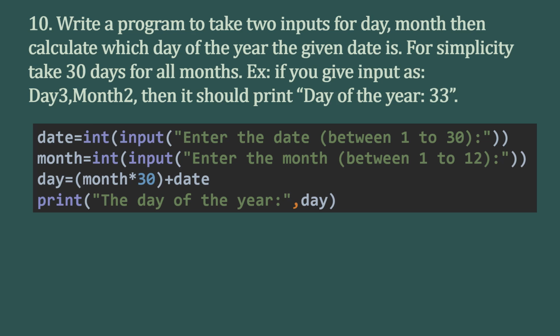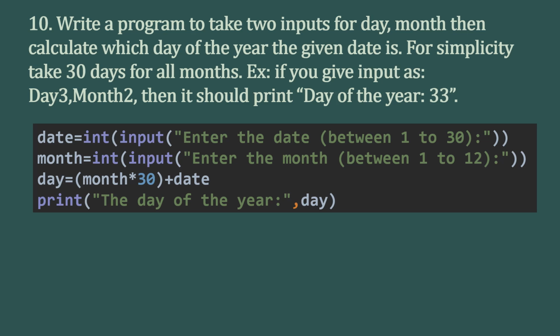What you have to do is multiply the month by 30, whatever month value is entered by the user, and add the date value to it. Let's say we have taken two variables, date and month. The user has to enter a date between 1 to 30, which will be stored in date. Then the user enters a month between 1 to 12, which will be stored in the variable month.